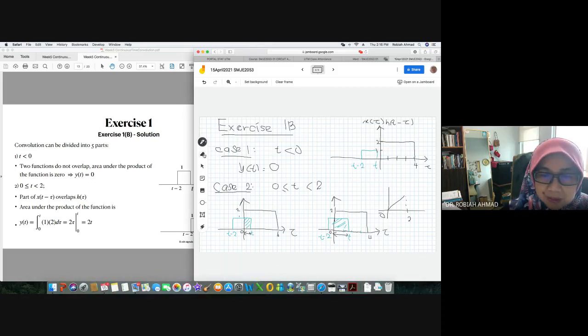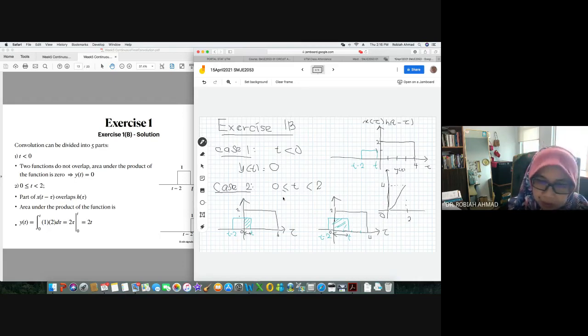Jadi kalau gradient 2, ini will be around 4 lah, sebab gradient kita 2. 4 divided by 2.